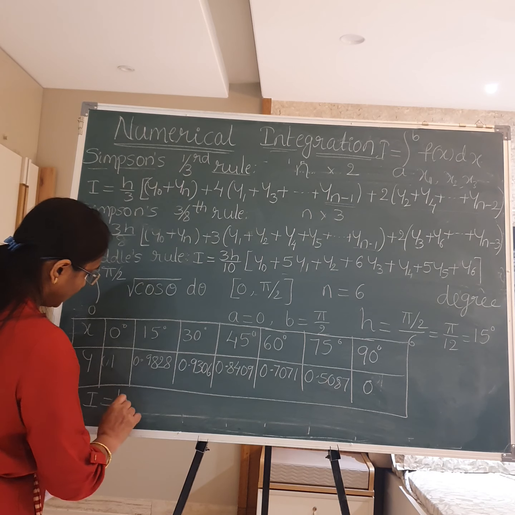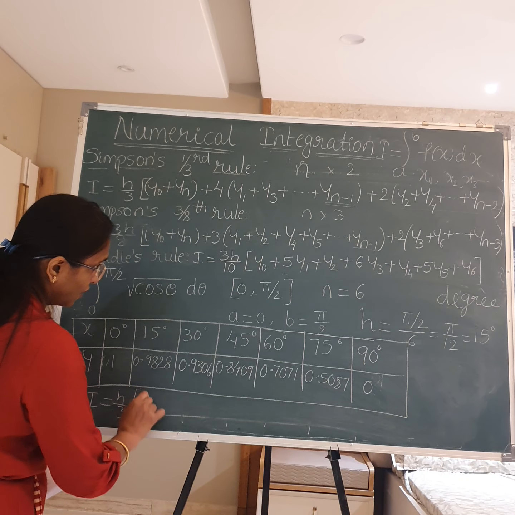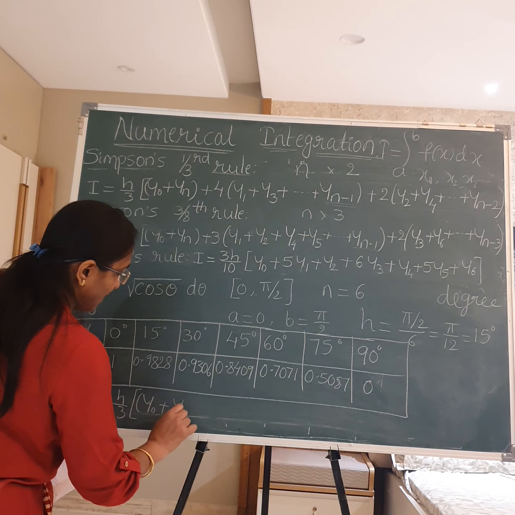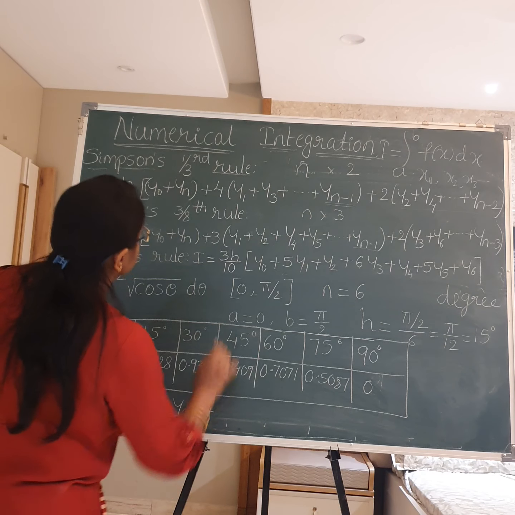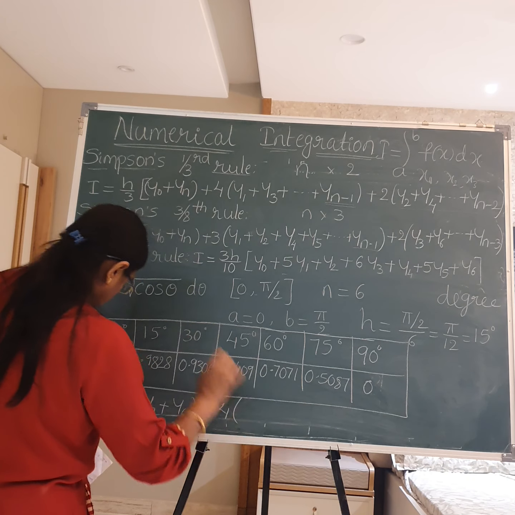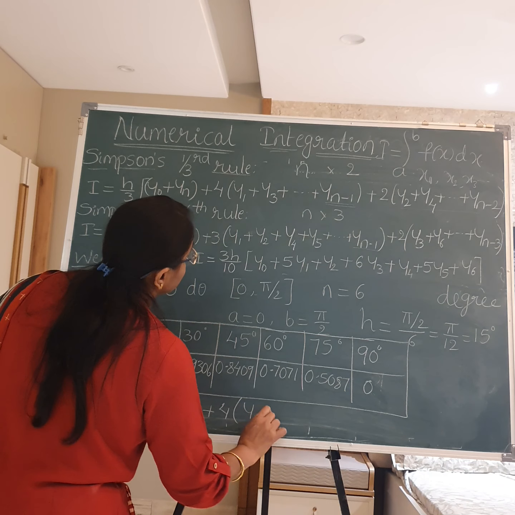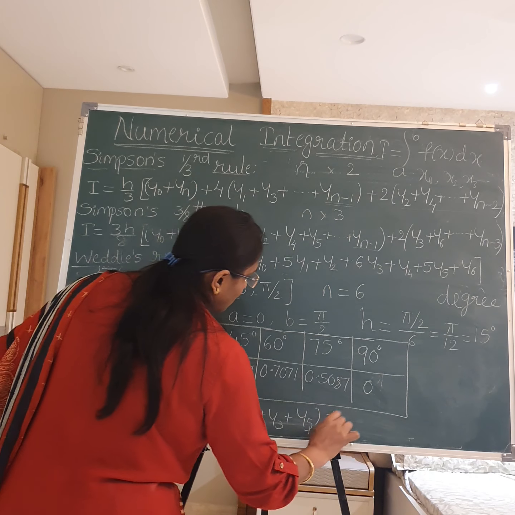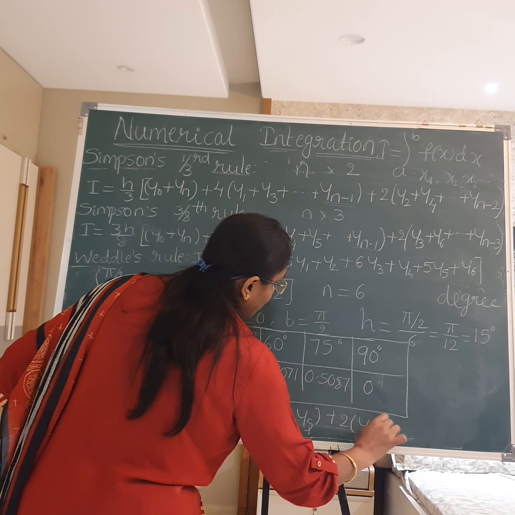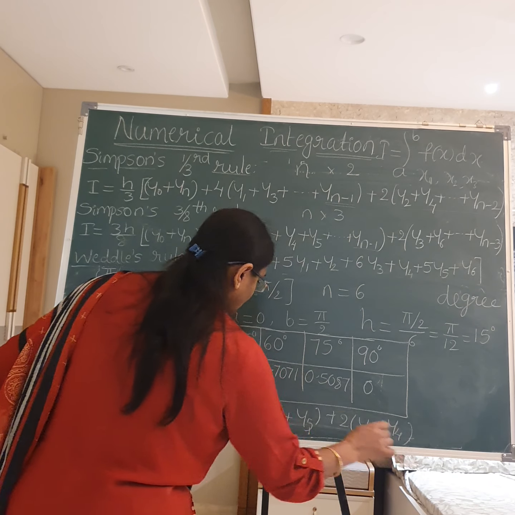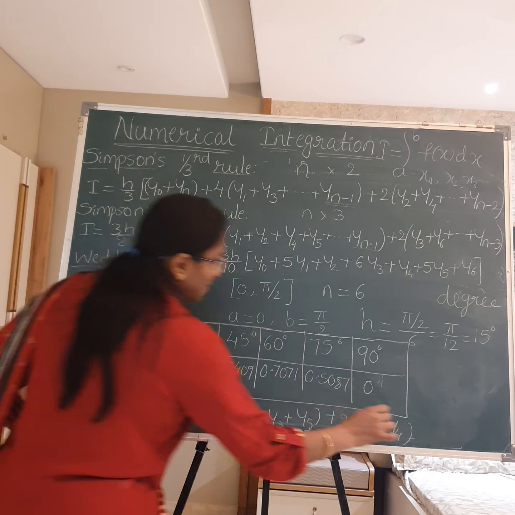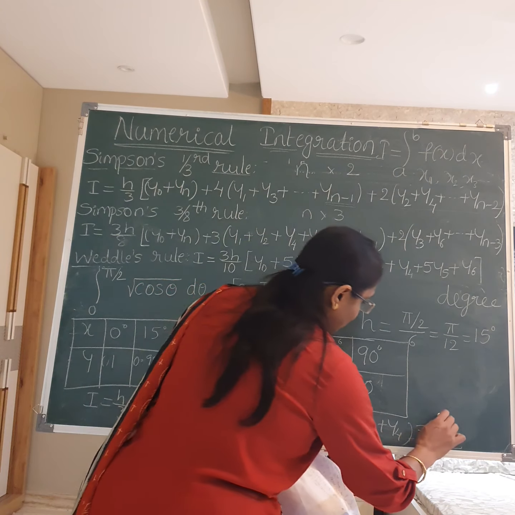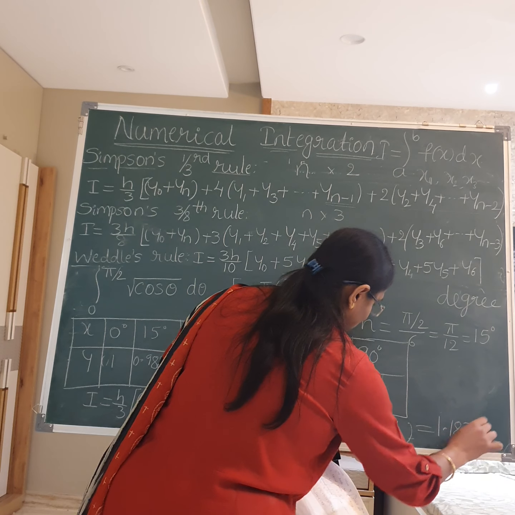I is equal to h by 3, y0 plus y6, plus 4 y1 plus y3 plus y5, plus 2 y2 plus y4. So the answer is 1.1874.